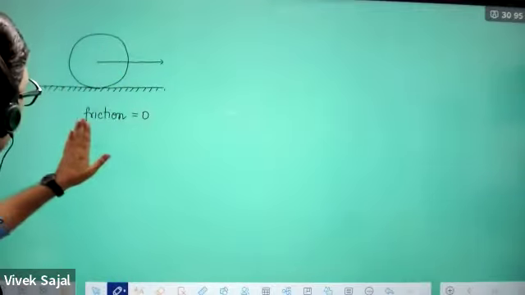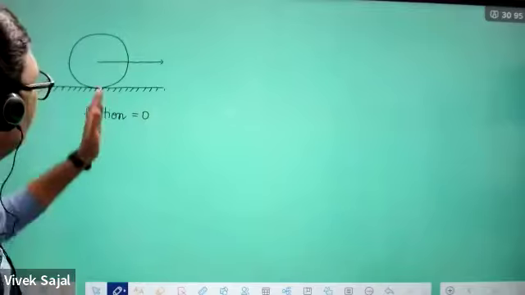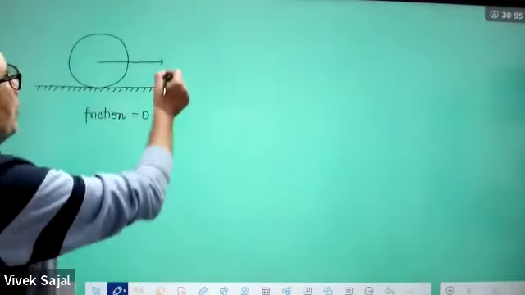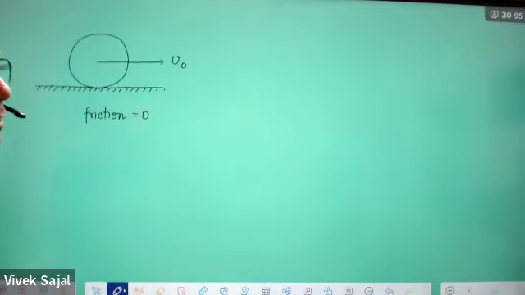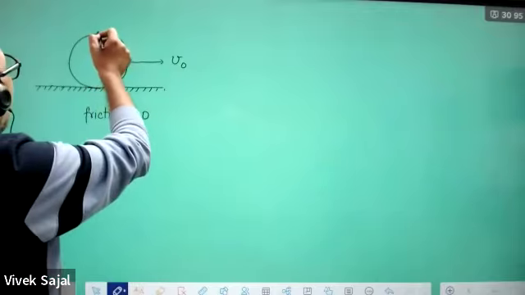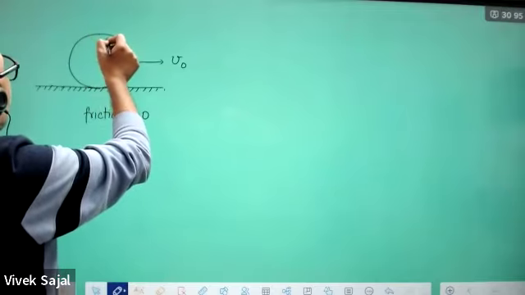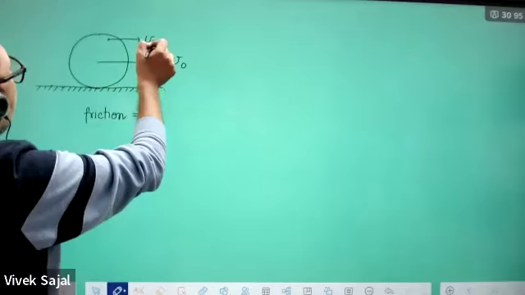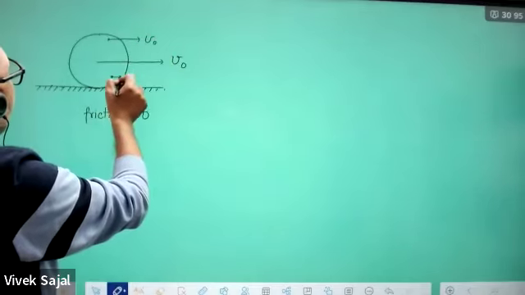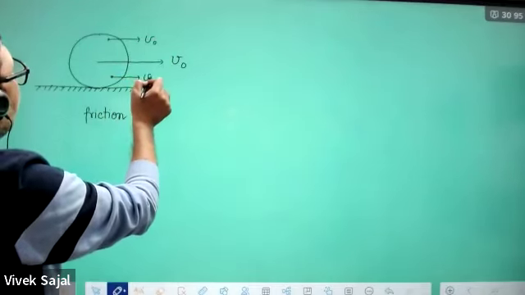But here I'm saying there is no friction. So there is only one thing: if this object is moving forward with a velocity v naught, then every particle of this object, you can choose any particle, is moving with a velocity v naught. If you consider a particle here, it is moving with v naught.